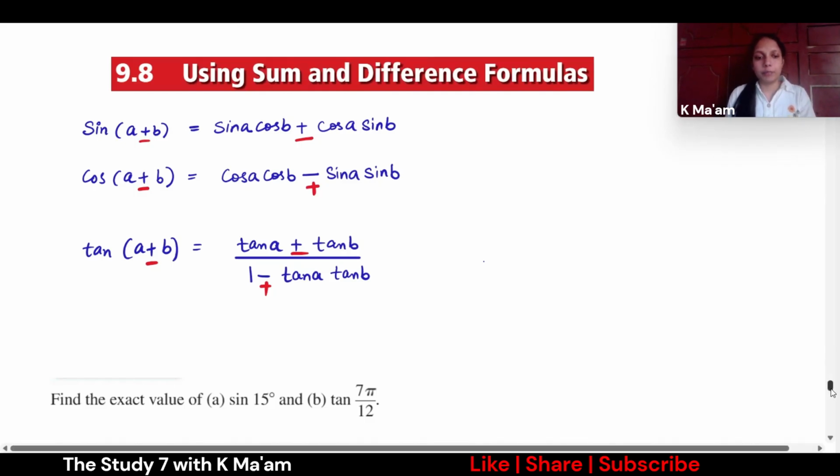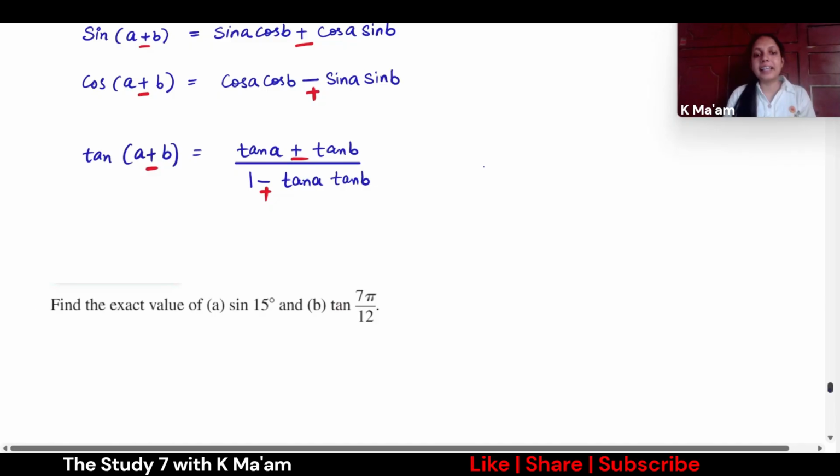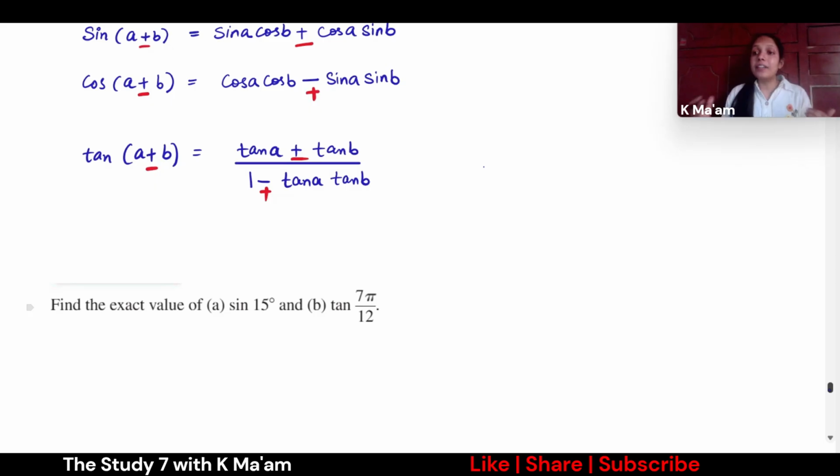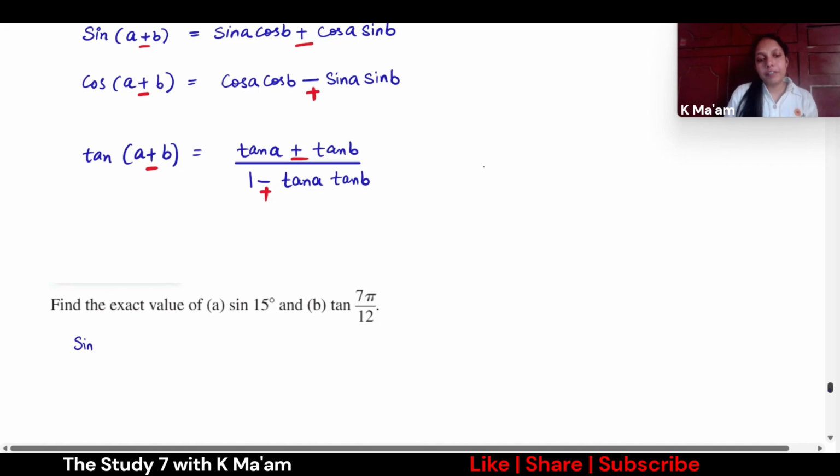Let's do a question. It says find the exact value of sine 15. I can write 15 as a sum of two other angles or a difference of two other angles. How to write 15? 15 can be written as 45 minus 30.